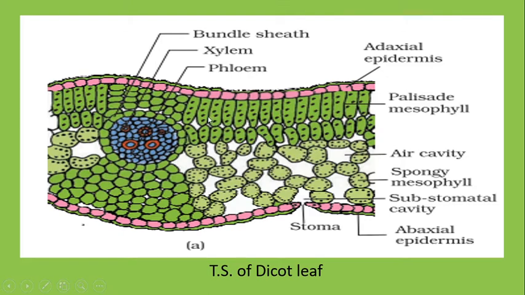Then in the midrib region, there may be the presence of parenchyma as well as collenchyma. Here we see collenchyma with angular thickening, and also loose air spaces or intercellular spaces.